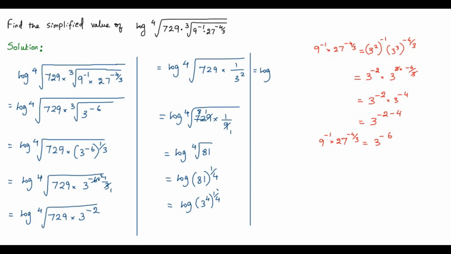Now we can multiply these two exponents 4 and 1 by 4, so we get log 3 to the power of 4 times 1 by 4. So 1 times 4 is 4, 1 times 4 is 4, so finally we get log 3 as a result. So the value of this logarithmic expression is log 3.